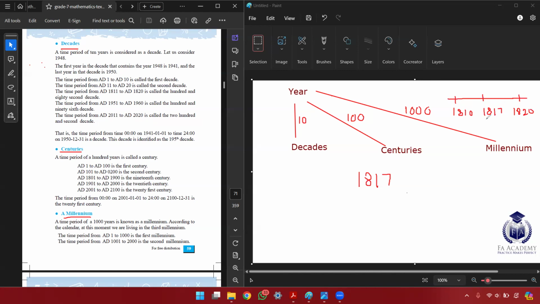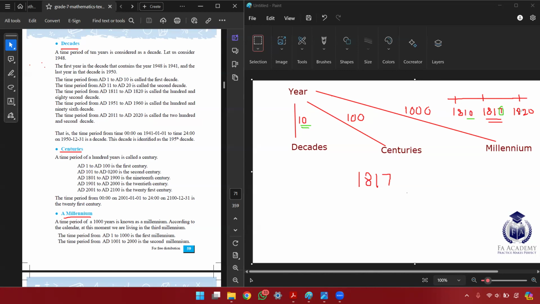Can you see that we just round up and round down this number? So we have 1810. Do you see 10 has just a 1 and a 0? So what we did was we made the ones place a 0. Then we got 1810.